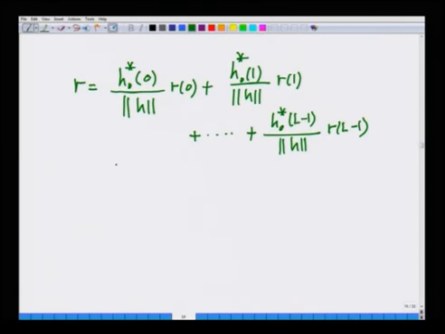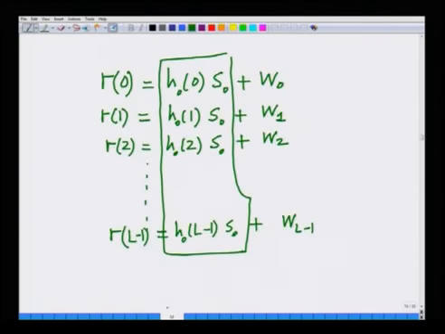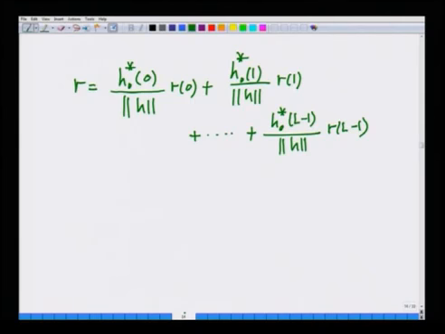Now this has two components. Let us first look at the signal component. When I combine this coherently, I will have a signal component and a noise component.